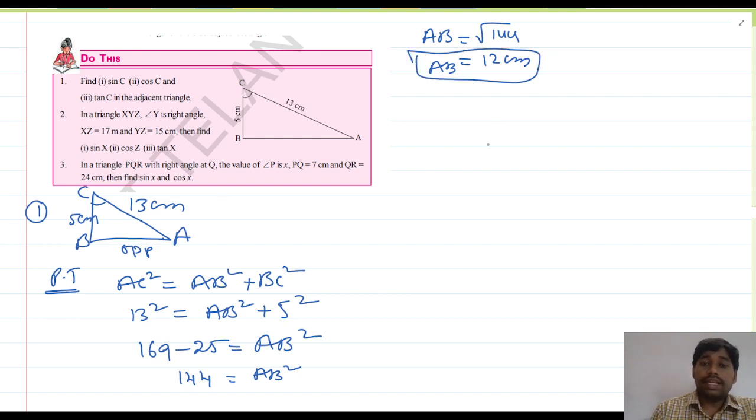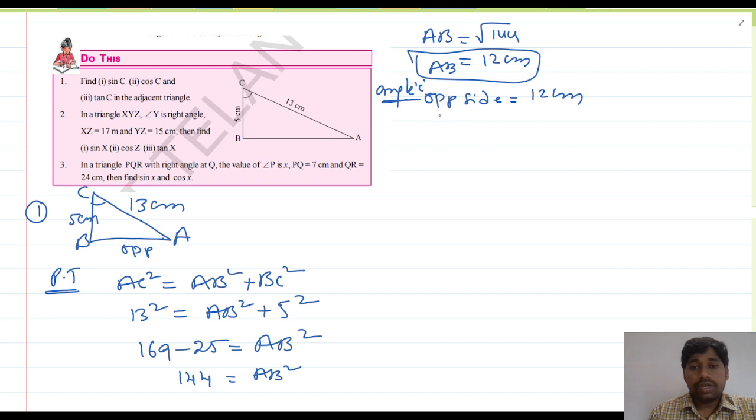So for the angle C, the opposite side is 12 centimeters, the hypotenuse is 13 centimeters, and the adjacent side is 5 centimeters.